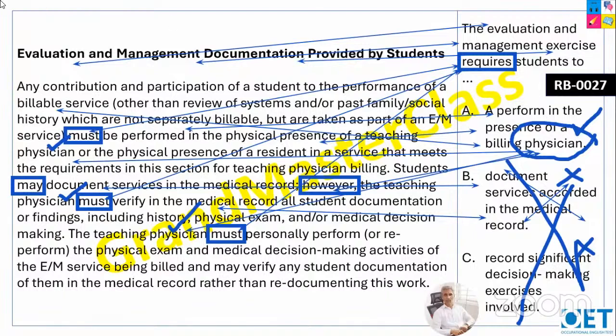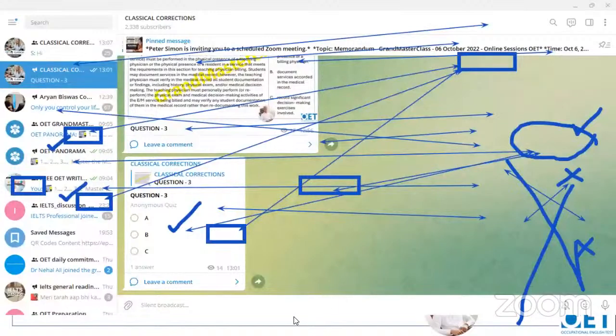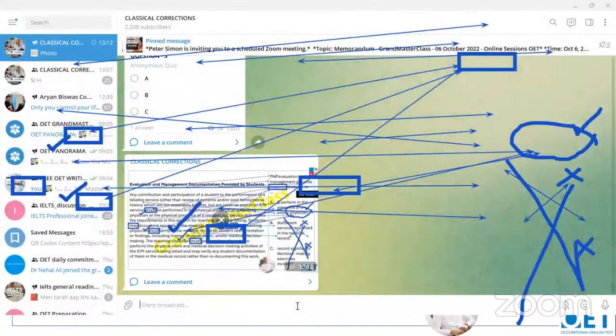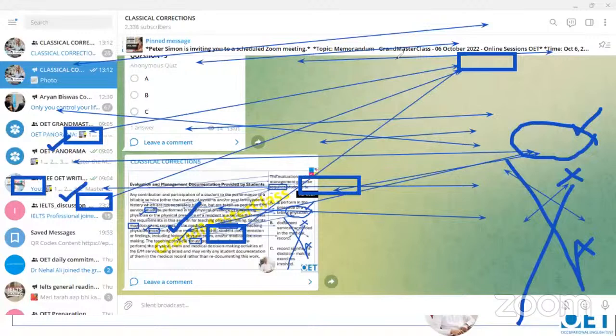Okay, now 1 second. Explanation is given there. Now I am giving you 10 seconds. Write down how this is called obligation based questions. The earlier one was cause and effect based questions.